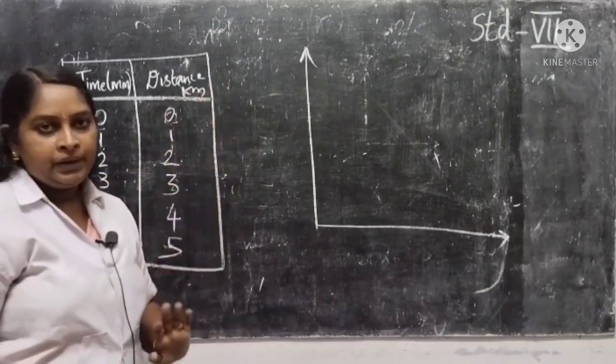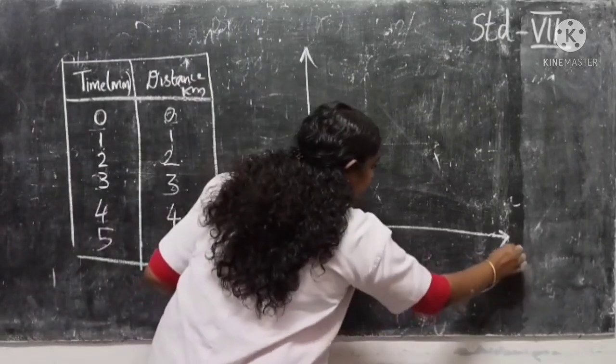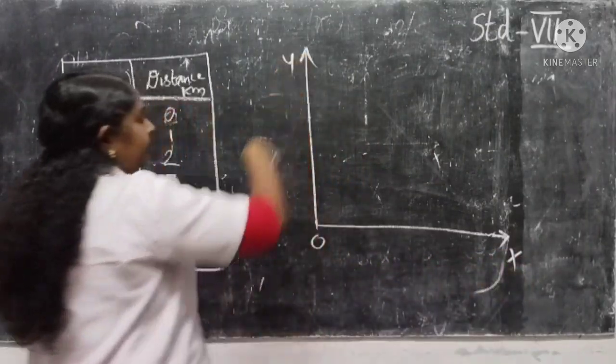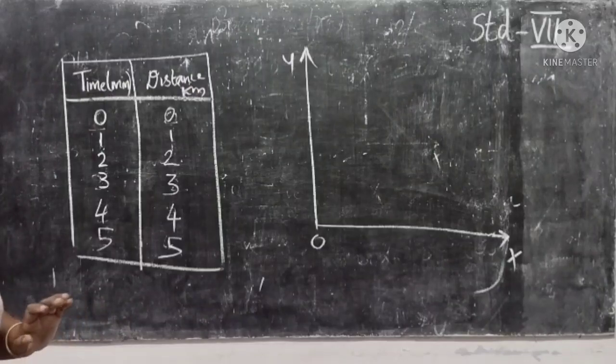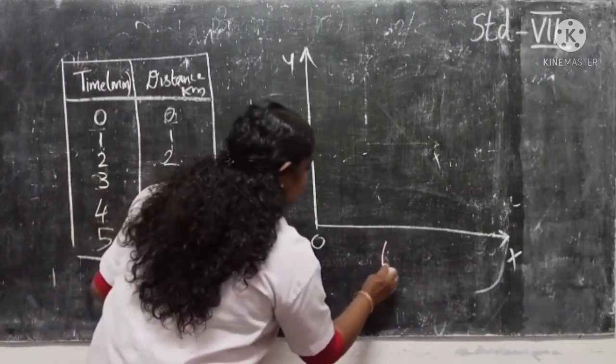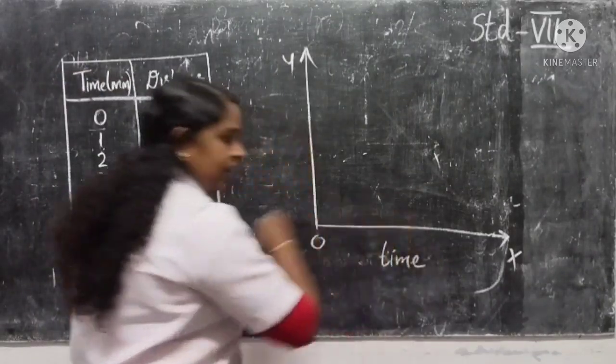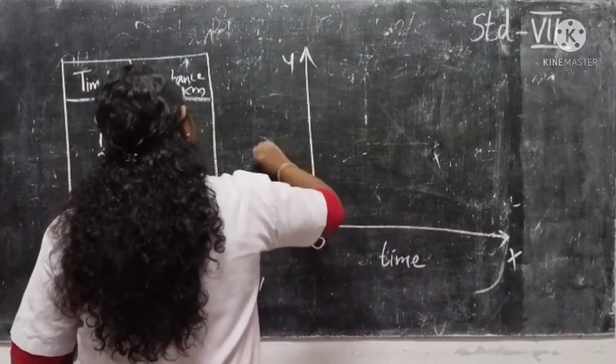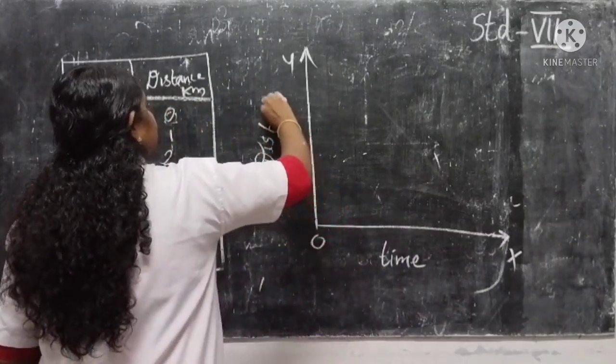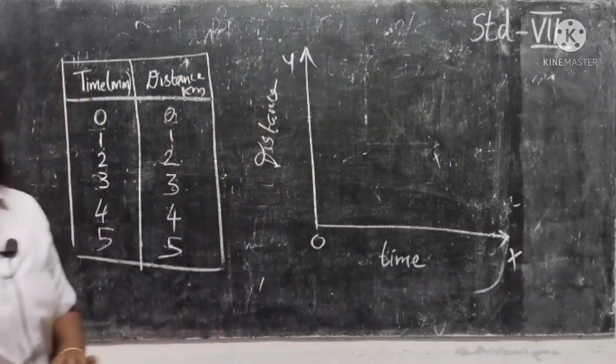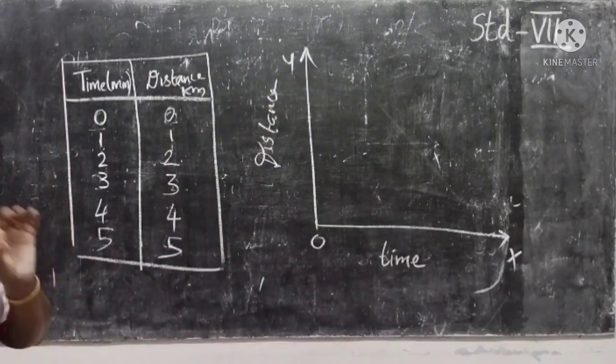So draw two perpendicular lines, mark X, O, Y and decide the quantities. On the X-axis we represent time and on the Y-axis we represent distance. The next step is to choose an appropriate scale.